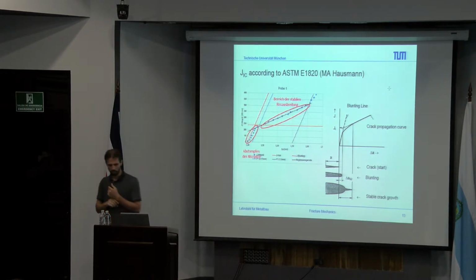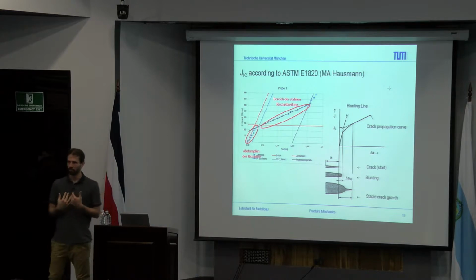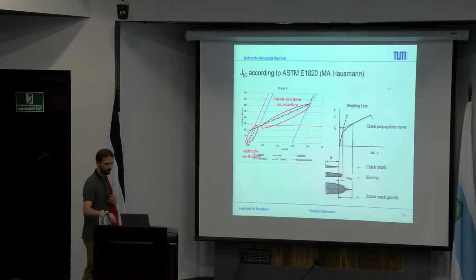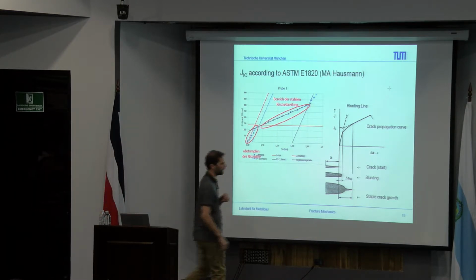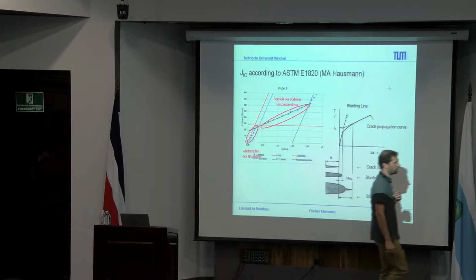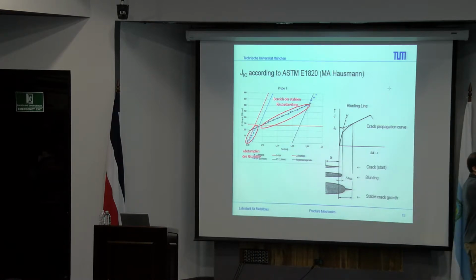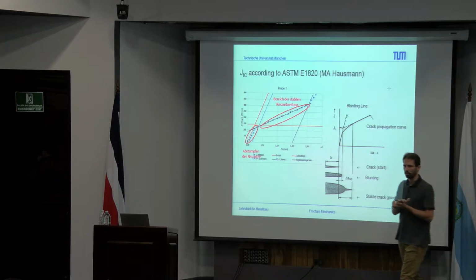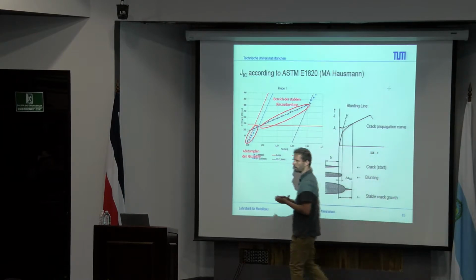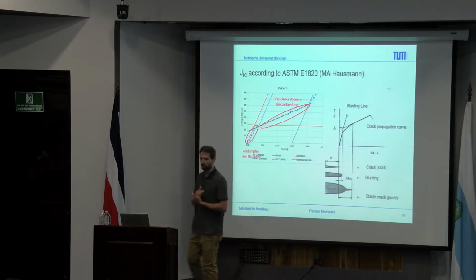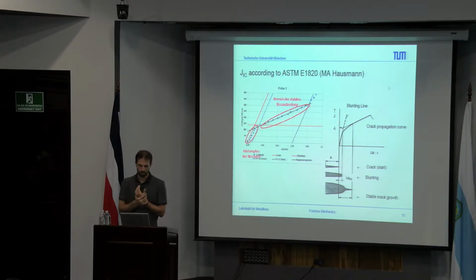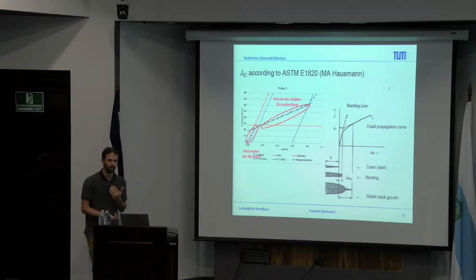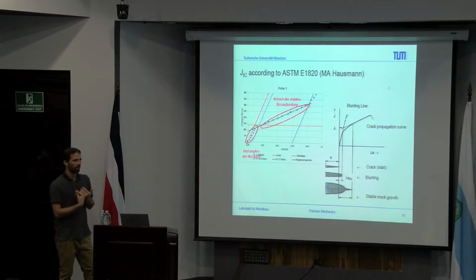So at this point, due to the J integral, you can also define a law for the crack propagation in section 2. But at this point, not regarding the delta K, but regarding the delta J. For the elastic part, you can also recalculate from delta K to delta J.